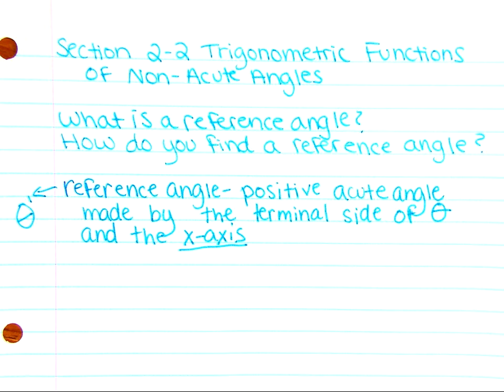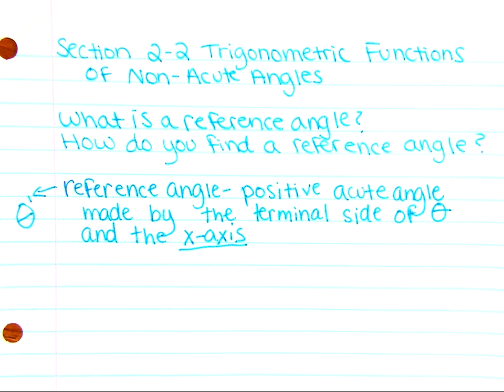Figure 9, back in your book, figure 9 shows several angles, theta, and then in parentheses it says each is less than 1 complete counterclockwise rotation. So they're all less than 360, okay, in quadrants 2, 3, and 4 respectively.